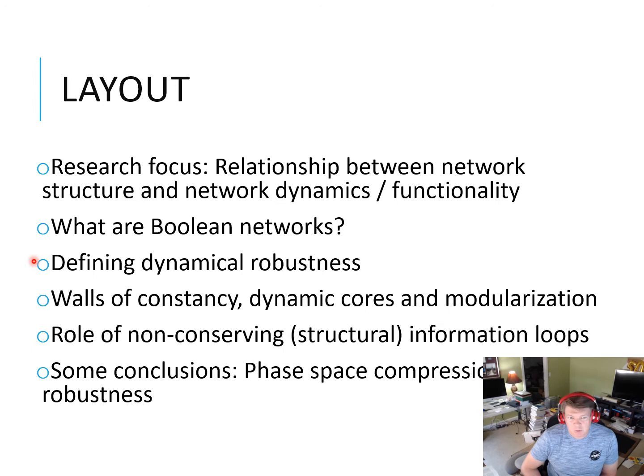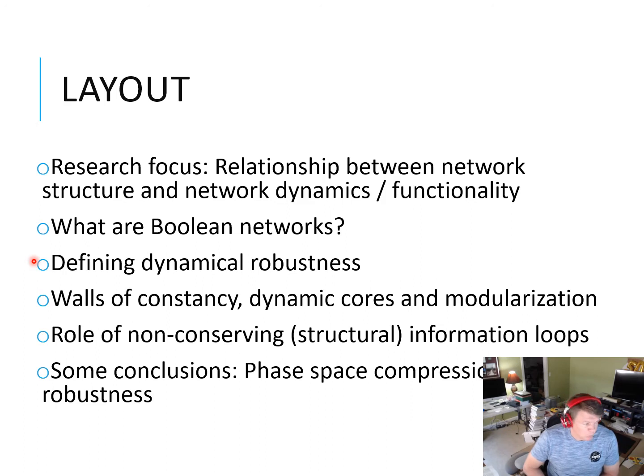And in doing so, we'll identify something called walls of consistency or constancy, and the dynamic core that emerges when we run these networks, and how dynamic cores and these walls of constancy lead to modularization in the network. And from this, we'll look at the role of non-conserving information loops.